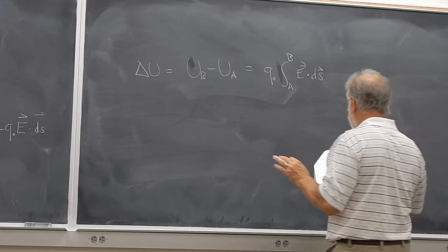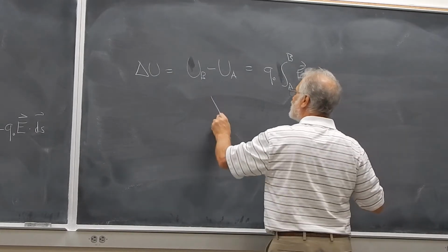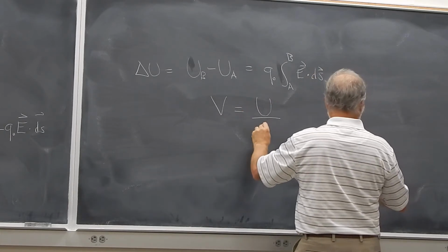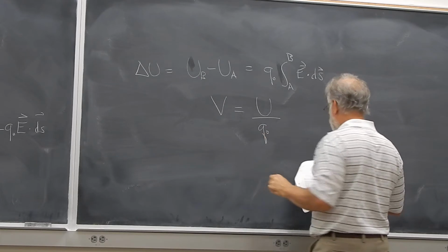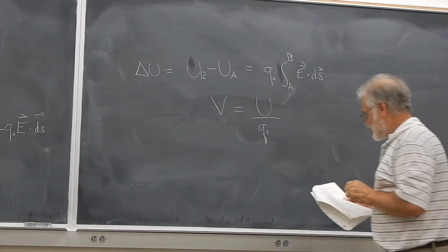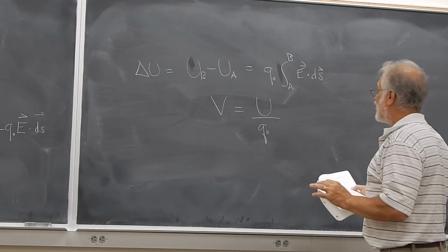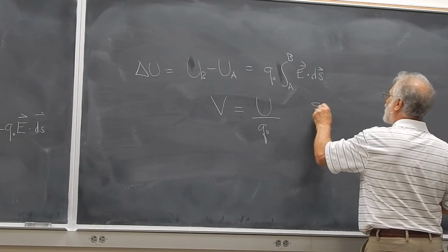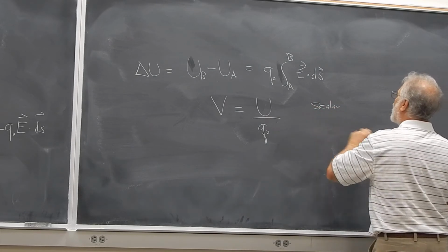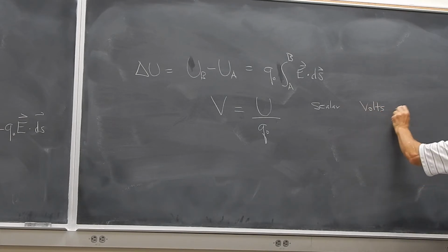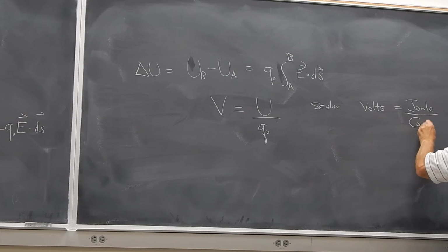So we define the electric potential, V, as the work or potential energy divided by the test charge. It's independent of the value of the test charge and has a unique value at any point in an electric field. Best of all, it's a scalar quantity. And it has units of volts. So a volt could be interpreted as a joule per coulomb.